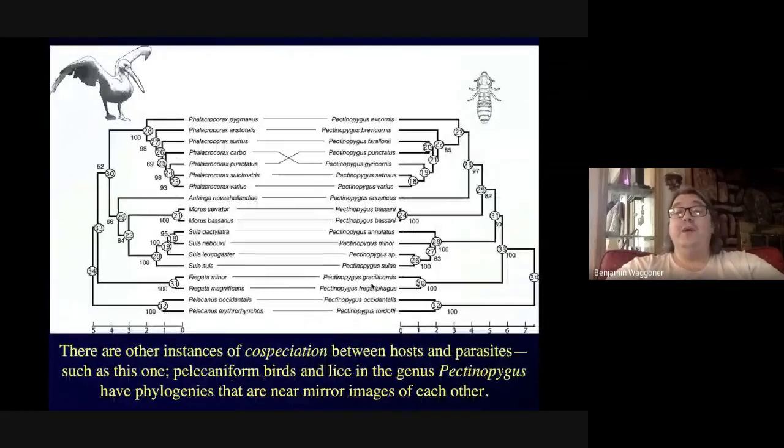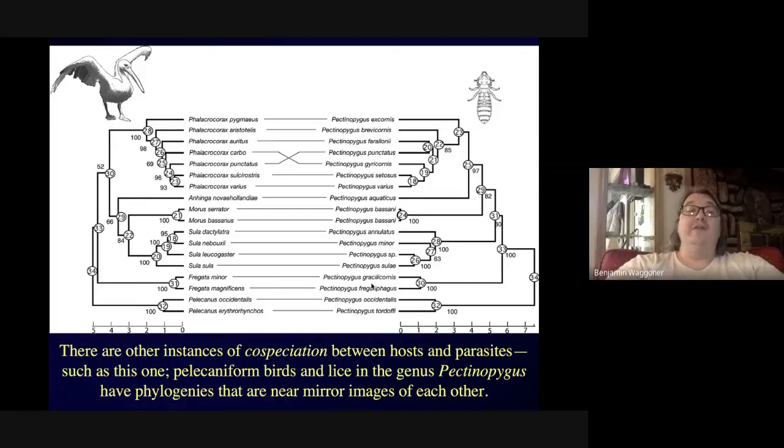take the story about lice on Galapagos hawks and multiply it. On the Galapagos hawks, we have these distinct populations of lice that are specific to distinct populations of birds that might, given enough time, speciate. Blow that up, and you can see the same thing happening in sizable groups of species.